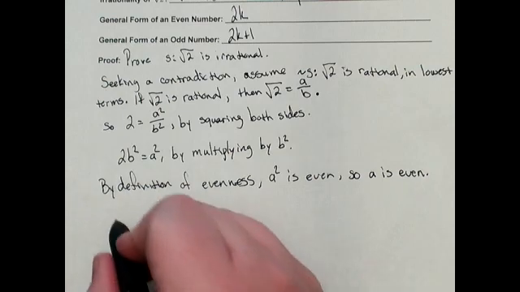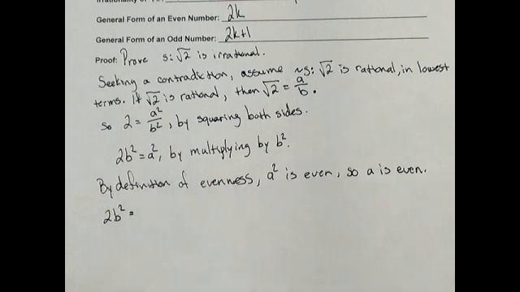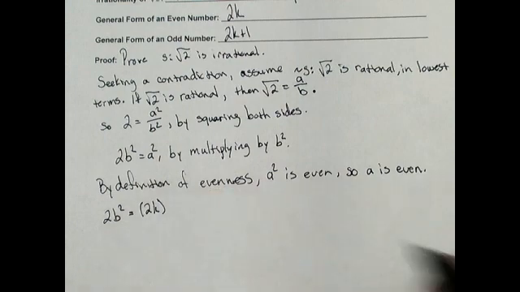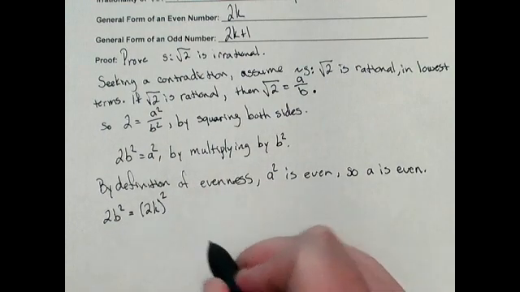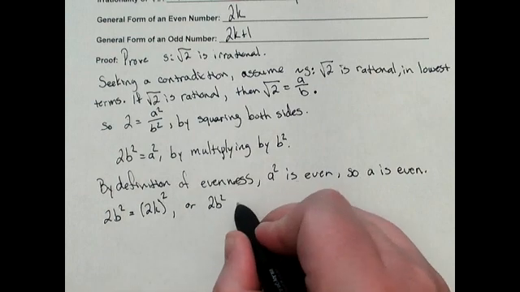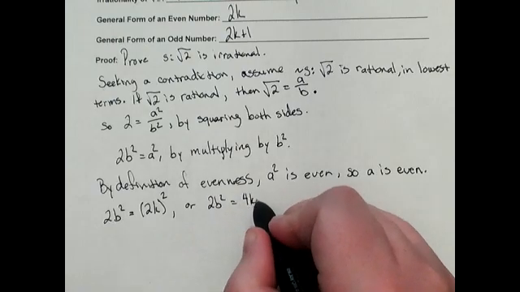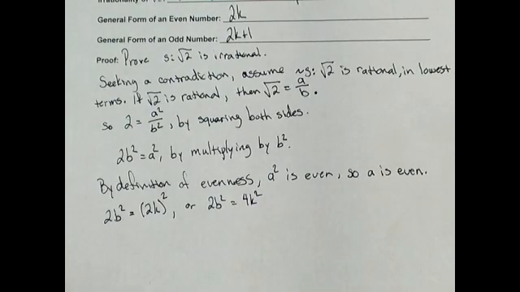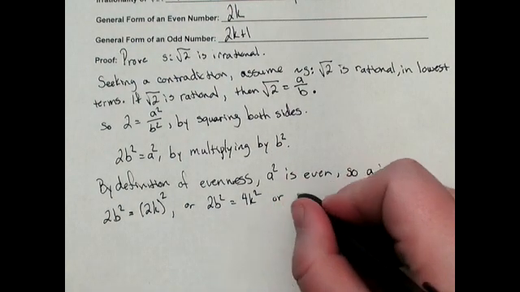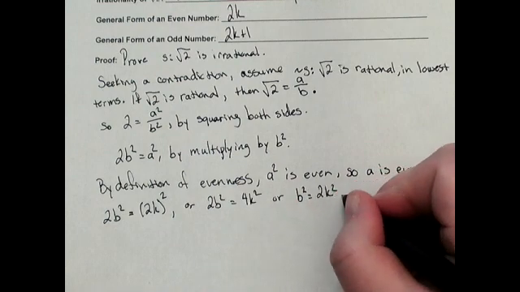So then, I'm going to take 2b squared, and I'm going to replace a with 2k, because we know a is even, so (2k) squared. Or we could write it as 2b squared is equal to, if I actually square 2k, I'd get 4k squared. And I'm going to isolate b, so b squared is equal to 2k squared.